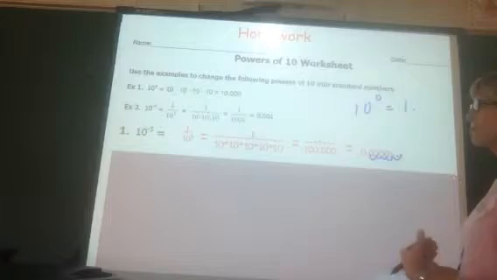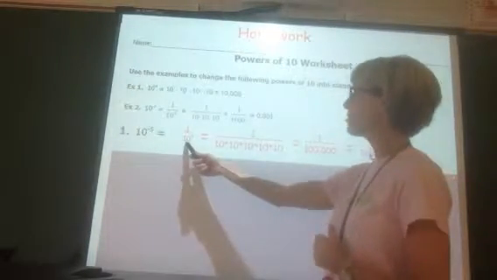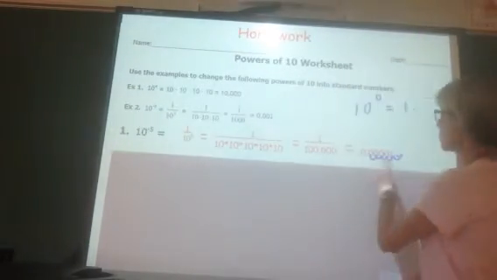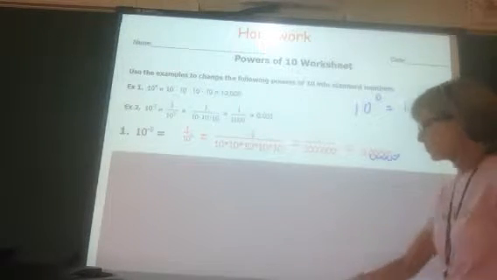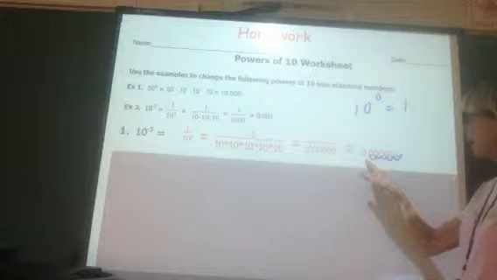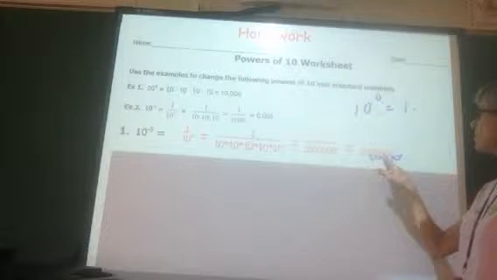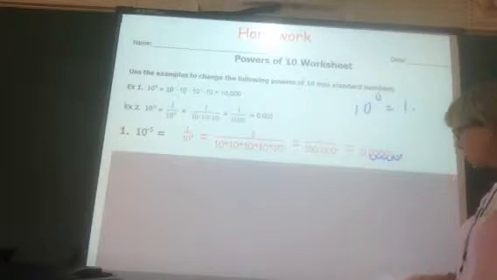You also can simply say, well, I have 5 zeros, I know it's negative, so I'm going to put 5 zeros to the left, and then remember where to put your decimal. Always 0, and this is tenths, hundredths, thousandths, ten thousandths, hundred thousandths.